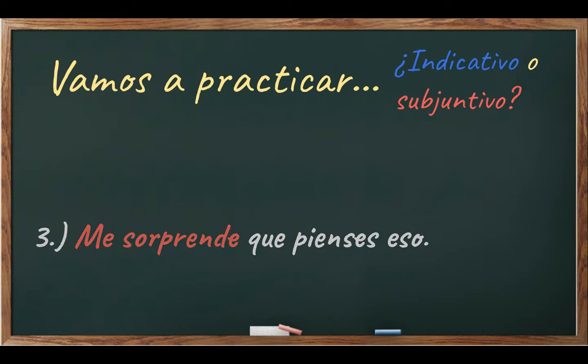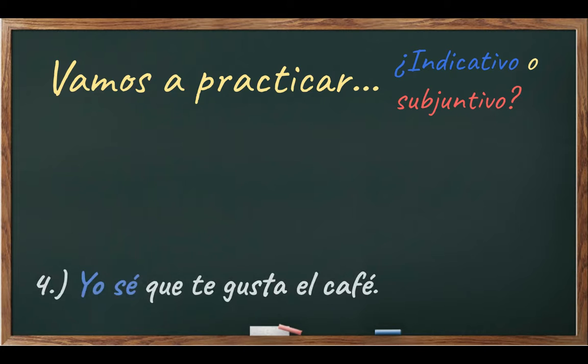Okay, last one. Yo sé que te gusta el café. Again, this checks all three boxes of our little checklist, but it's still the indicative. And we know that because we have a clear giveaway here. Yo sé. I know. I know that you like coffee. It doesn't get much clearer than that. That's a fact.